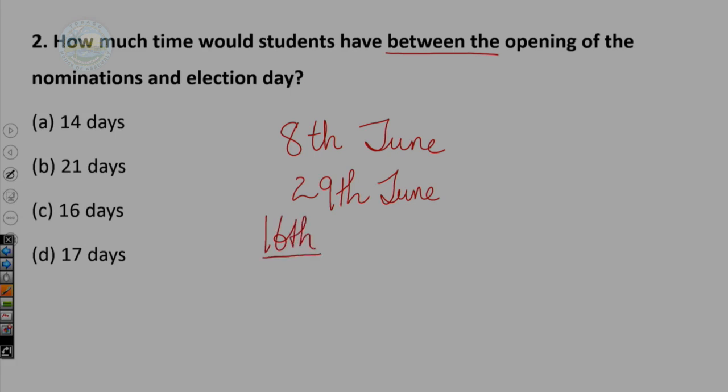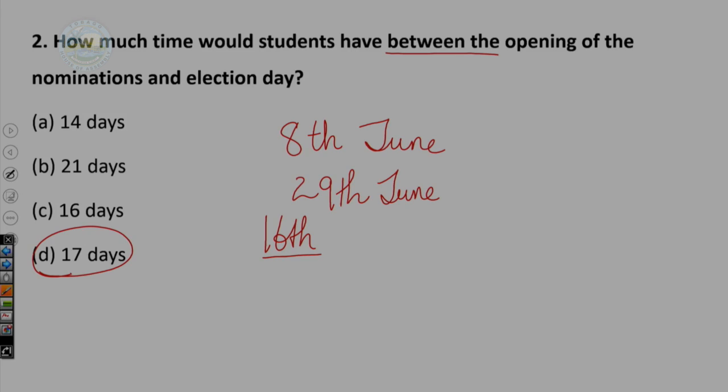But you also have to include the 8th of June because that is also going to be a day for the nomination. So it's 16 days plus 1. That gives us 17 days. So our answer will be D.